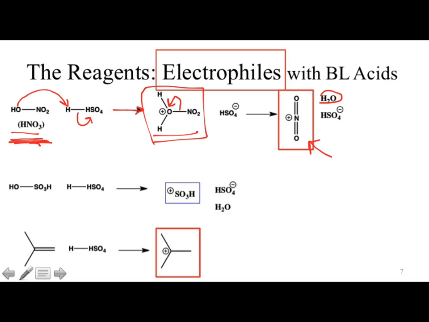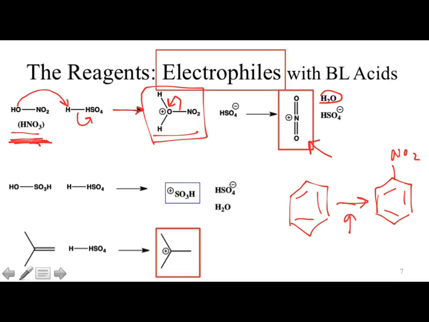Yes? So which one would we see as a reagent? We see the HNO3. If this was in a reaction, you wouldn't see the NO2+. So if I said I wanted to do this reaction, put the NO2 on there, what reagent would I put in here? Is that what you're asking? Yeah.